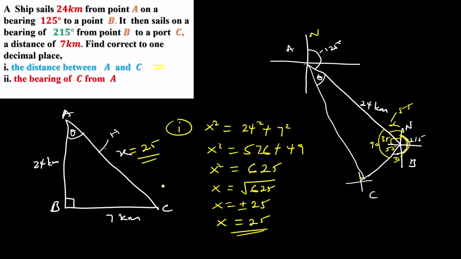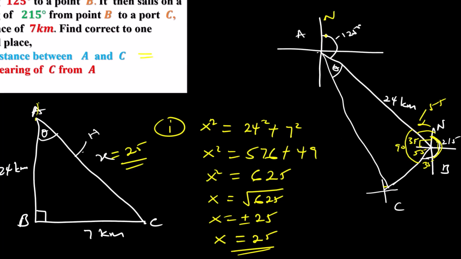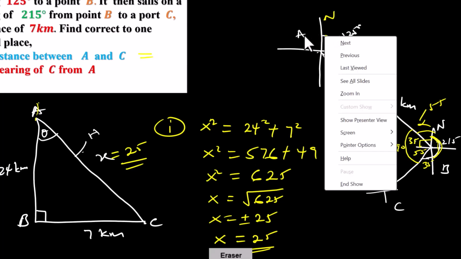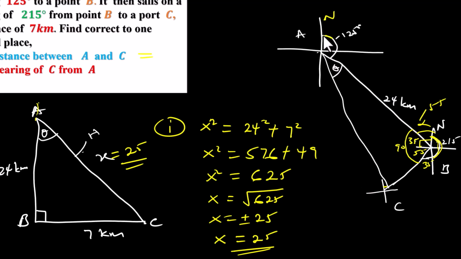Let's go ahead and find the bearing of C from A. So from A, we measure from the north and rotate clockwise to meet line C. So it's 125 plus theta. So we need to know the angle theta. Now we have the hypotenuse, we have the opposite facing the angle, then we have the adjacent. So we have O and A, so we can use tan.